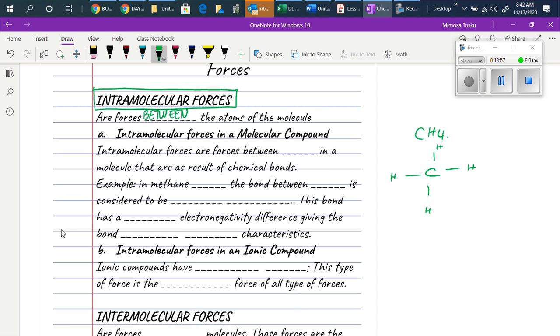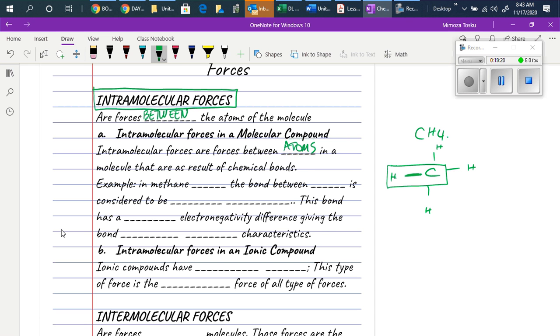So the forces between carbon and hydrogen are called intramolecular forces. So they are between atoms in a molecule that will result in the chemical bonds. So the bond between those two.